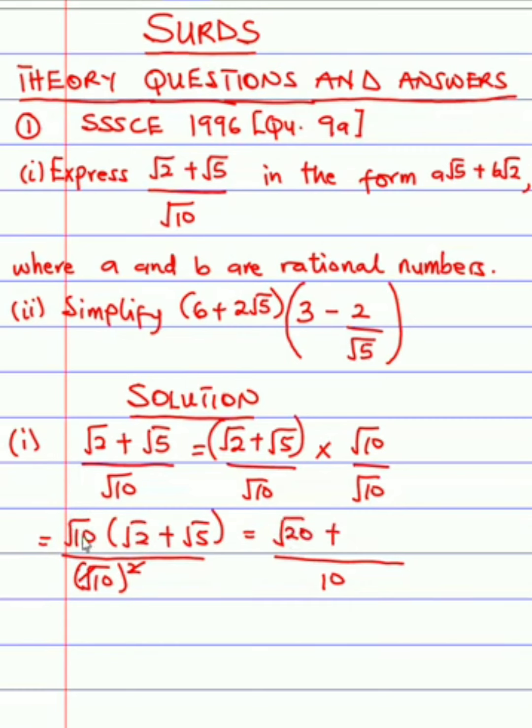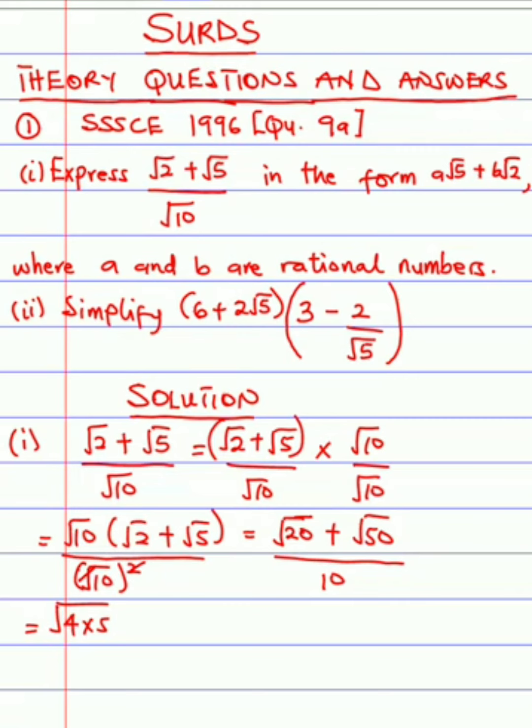plus root 10 times root 5 gives us root 50. So what we have to do is reduce this into the simplest form. So root 20 can be expressed as root 4 times 5. We break it down such that we have one perfect square multiplying another number to give us 20.